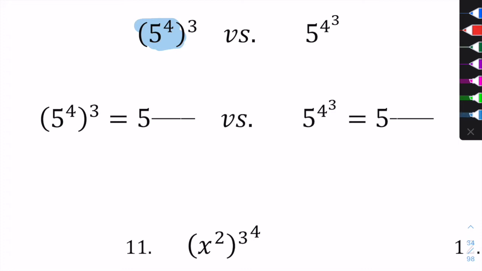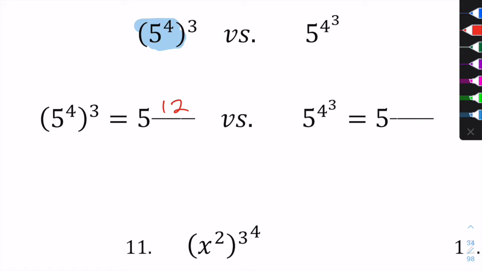Yes, that to the 3rd power means 3 times. So we really have 12 5s all multiplied by each other, which is why this is 5 to the 12th. But over here, that's not what it's saying. It's not saying to take 5 to the 4th 3 times.